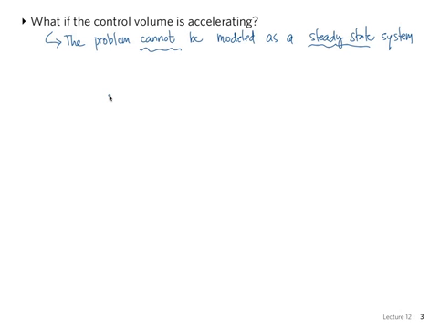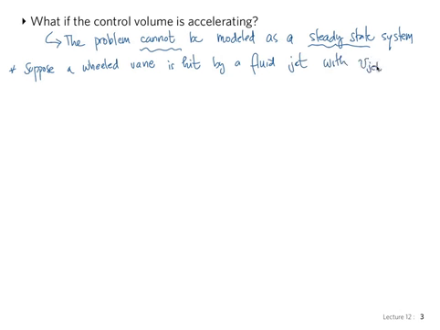So let's think about the problem we've just done, but instead of there being a friction force, which made everything balance out, suppose that there is no friction force. So now we have the wheel vane that we had in the previous example, and it is again hit by a fluid jet with the velocity, say v of the jet, and there's no friction force.